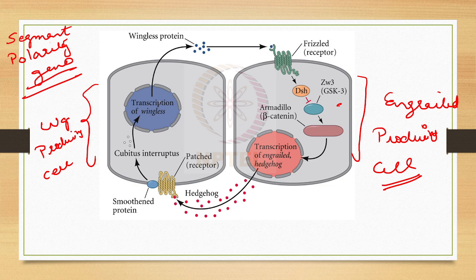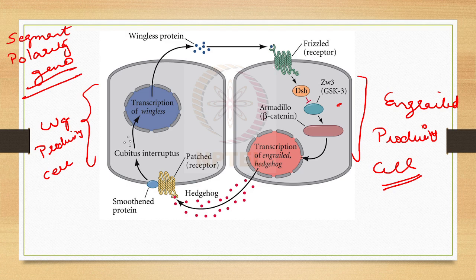So, after the transcription and translation of wingless, it is secreted out of the cell and goes to the nearby cell, which is the engrailed producing cell, and binds to it with the help of the frizzled receptor.